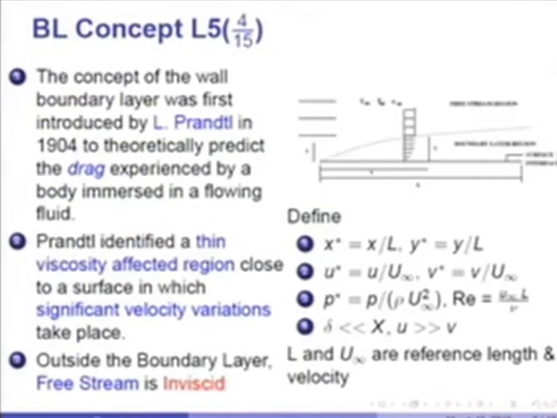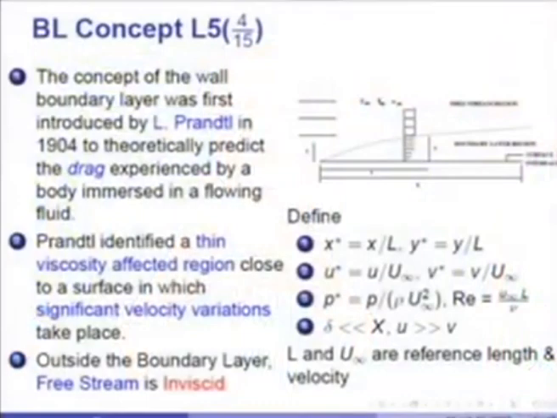We shall now invoke the boundary layer concept, and this is perhaps the most important slide for you to remember. The concept of boundary layer near a wall was first introduced by Ludwig Prandtl in 1904 to theoretically predict the drag experienced by a body when it was immersed in a flowing fluid.